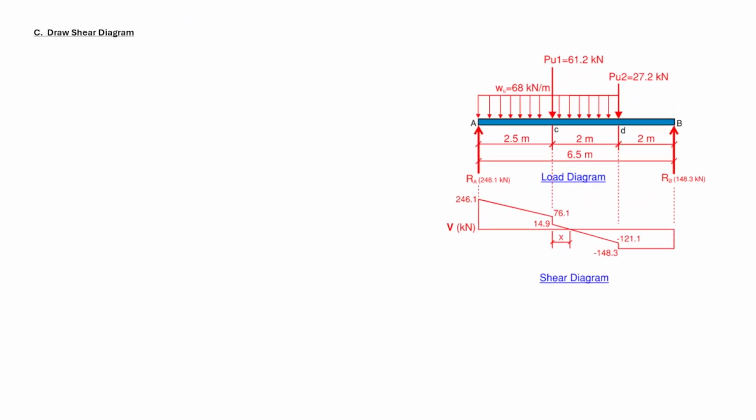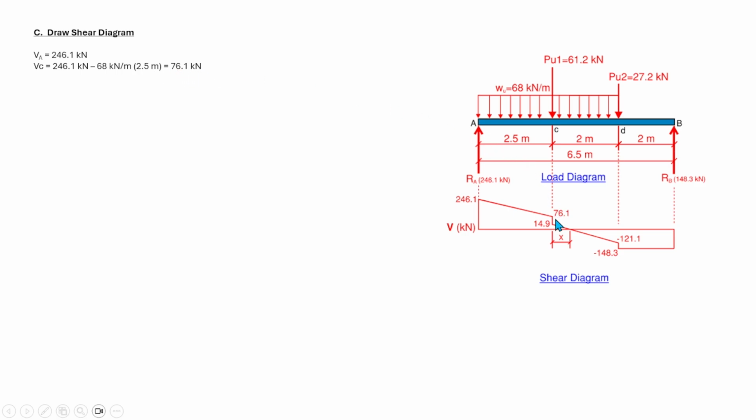To draw the shear diagram, we start with the shear at point A, which is equal to the reaction at point A, 246.1. The shear at point C is equal to the shear at point A minus the load between A and C: 246.1 minus 68 times 2.5, which is equal to 76.1 kilonewton.